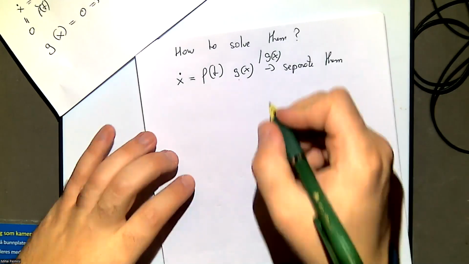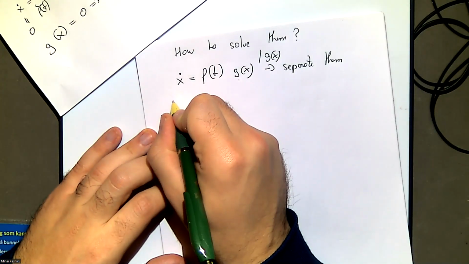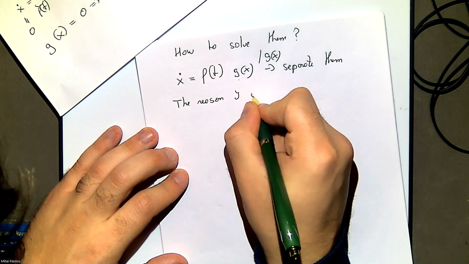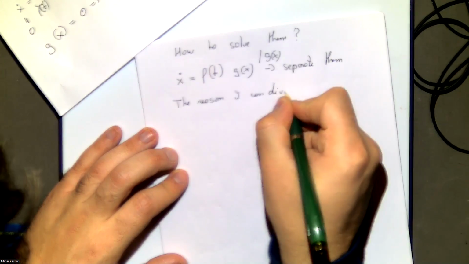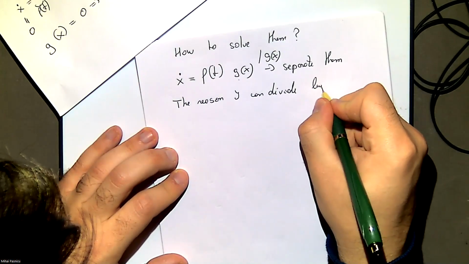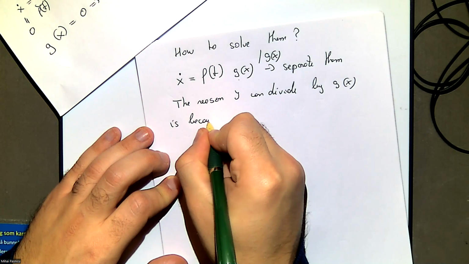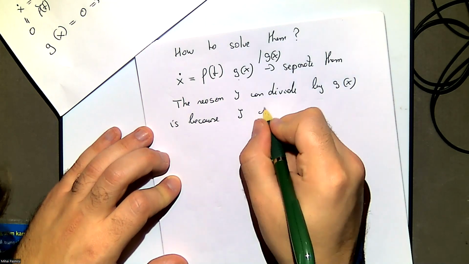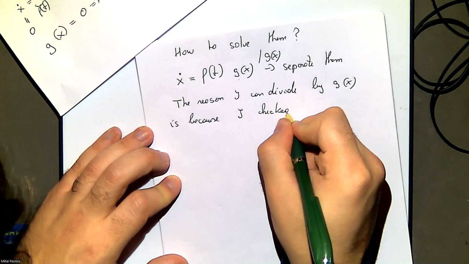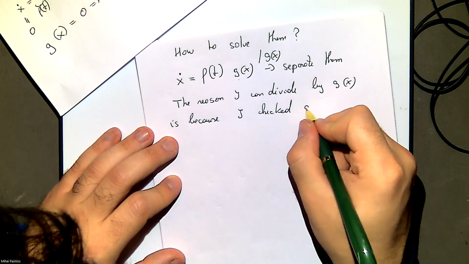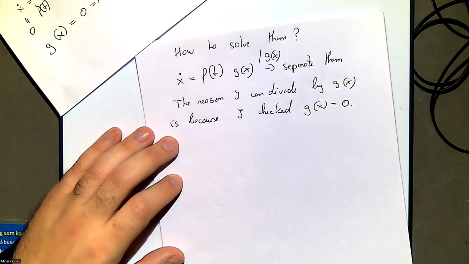So always check. The reason I can divide is because I checked g of x is equal to 0.